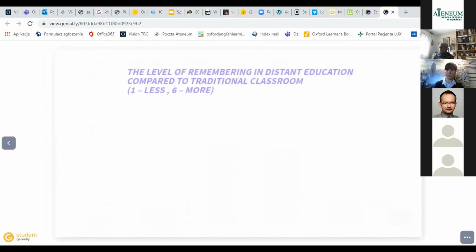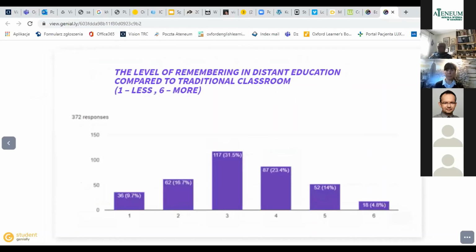When we look at the third factor, the level of remembering, here the situation definitely looks worse. We have almost 10% of survey participants who say that they remember less in distant education, and only 5% of the students who say that they remember more from distant education.